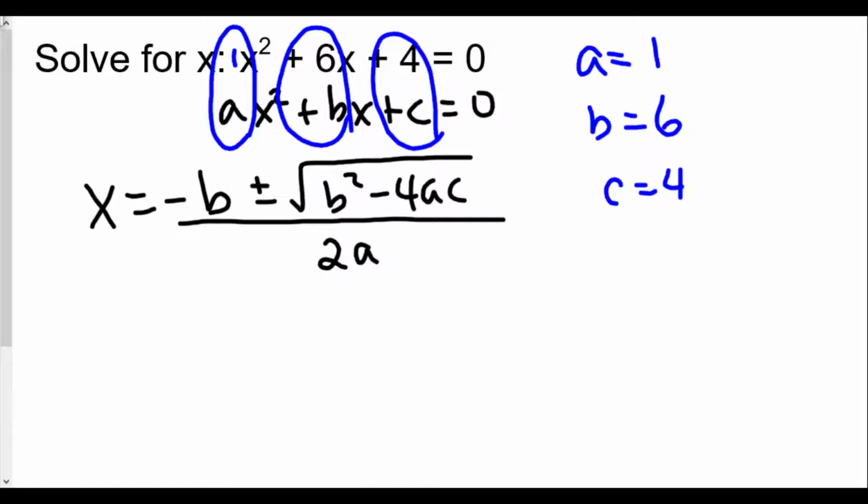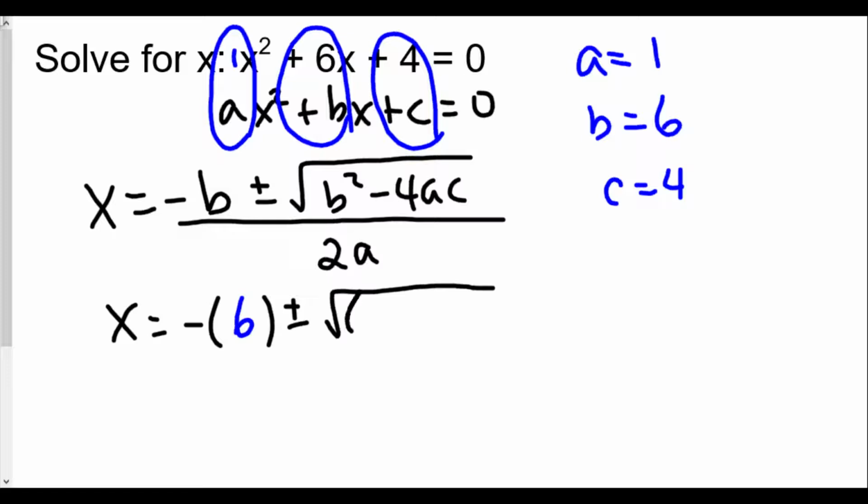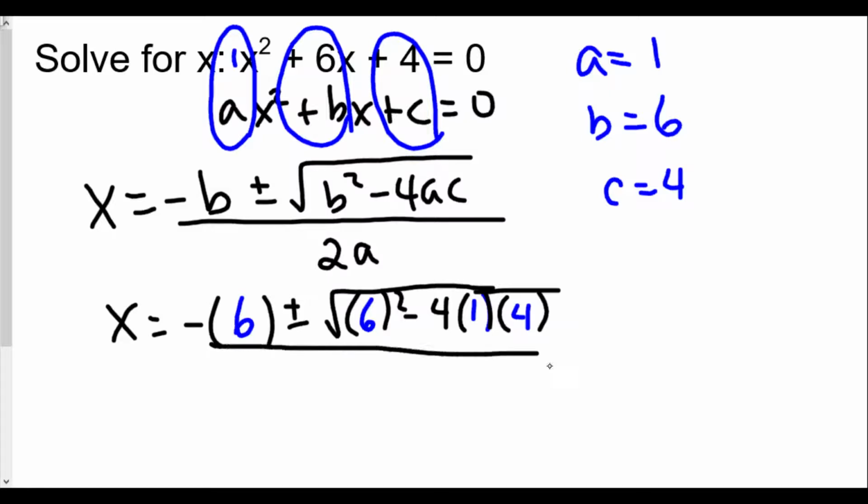So we're going to plug in. x equals negative, I put in parentheses, 6, because that's what b is equal to, plus or minus the square root of 6 squared minus 4 times a is 1, and c is 4. Let's extend this radical symbol, okay, all over 2 times 1.